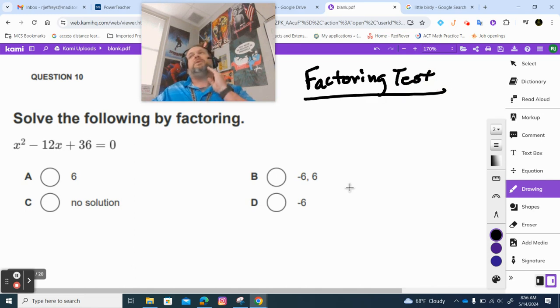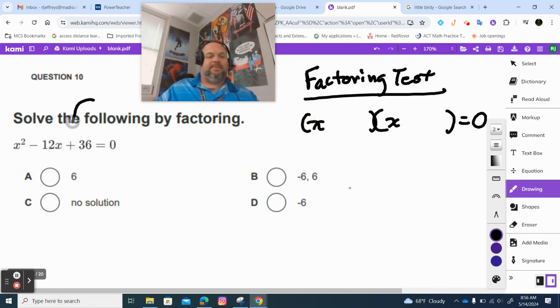Yeah, we actually just had a test just on factoring. So we set it up like this.